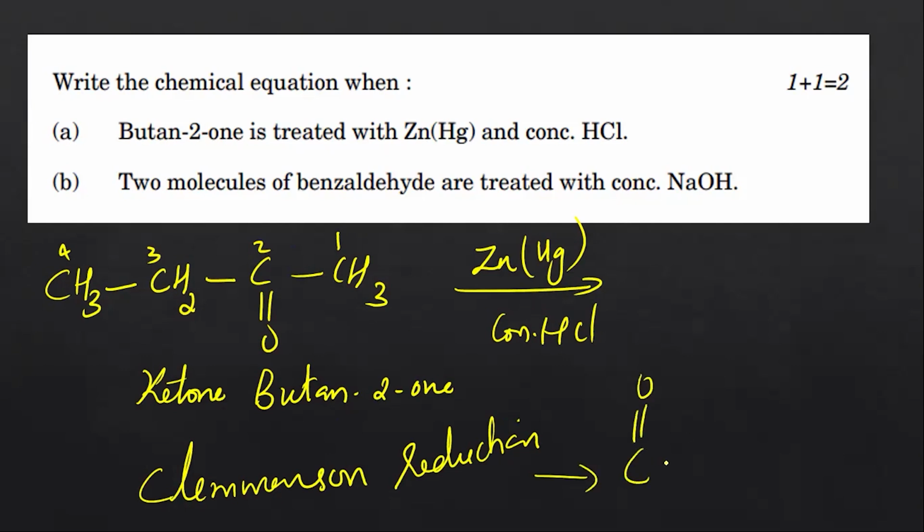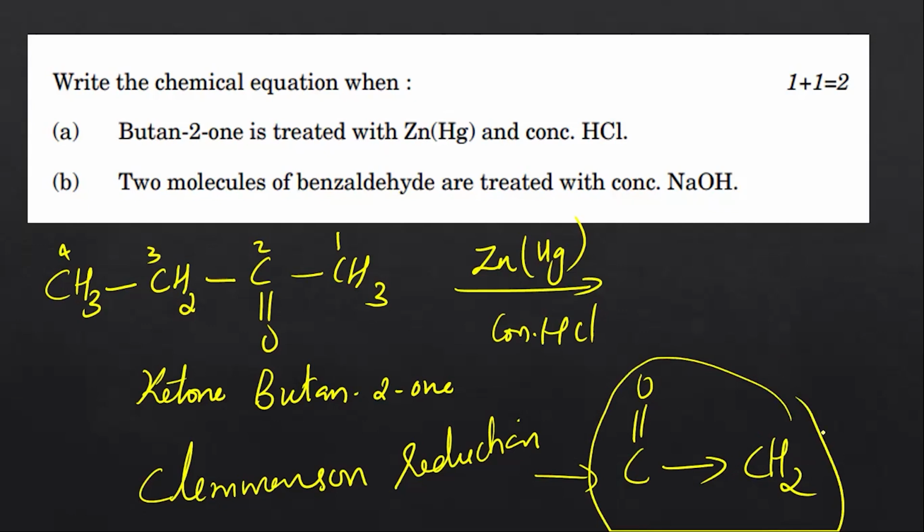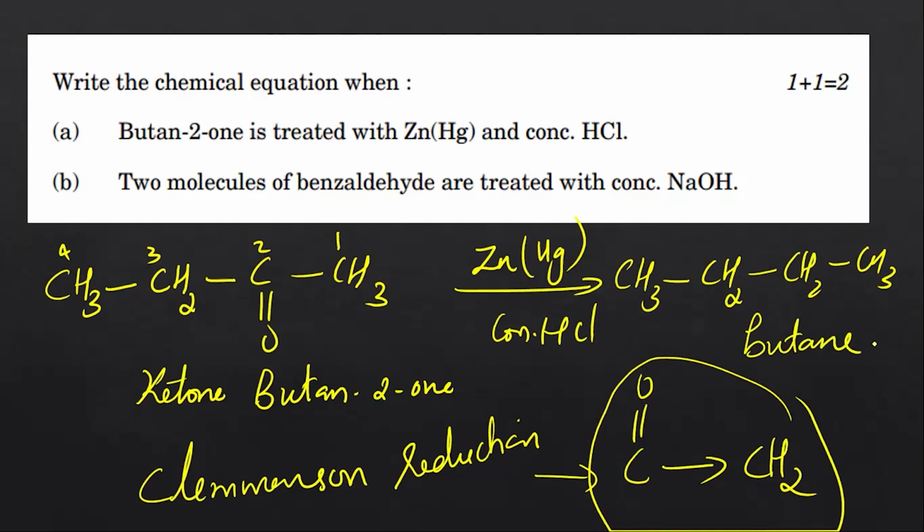The C double bond O group is converted to a CH2 group. That is the only thing taking place. So CH3, CH2, CO is converted to CH2, CH3, and you will be getting butane. Just when you see zinc amalgam and concentrated HCl, that is Clemmensen reduction. In ketones or aldehydes, if there is a CO group, it will be converted to a CH2 group.